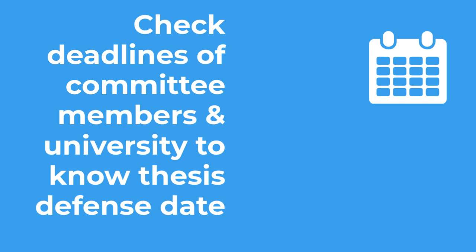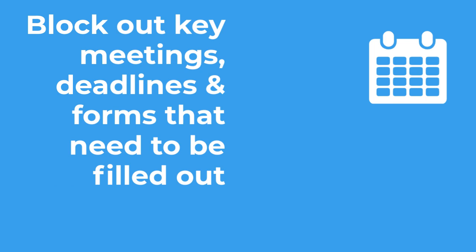The entries you make depend on the university's policies, your own preferences, and the amount of detail you include in the planning chart. Just remember to block out any key meetings, deadlines, and forms to be filled out with your committee in graduate school.